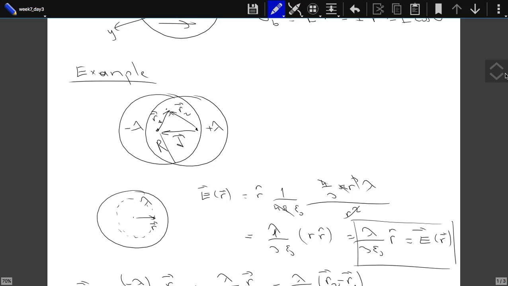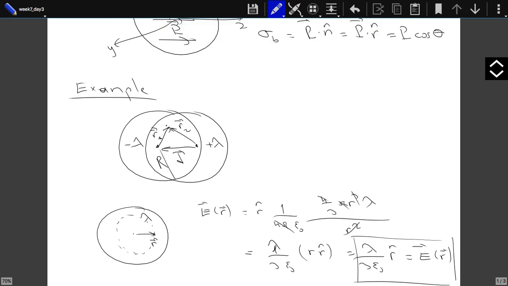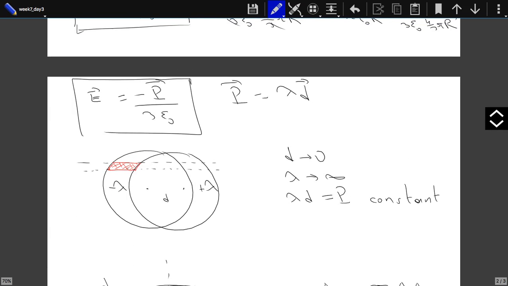The trick is basically the realization that if you have such shifted spheres, this problem becomes a sphere with surface charge density in the limit that these two spheres overlap. Of course, there are some technical details like taking that limit.